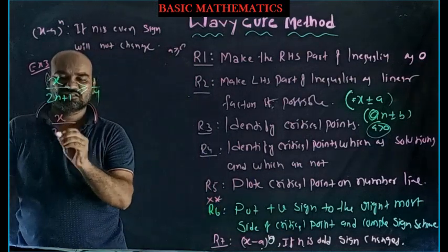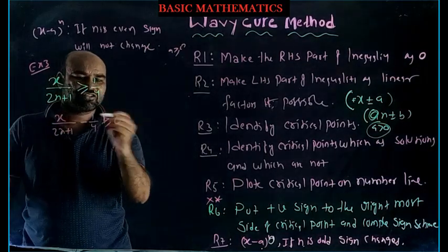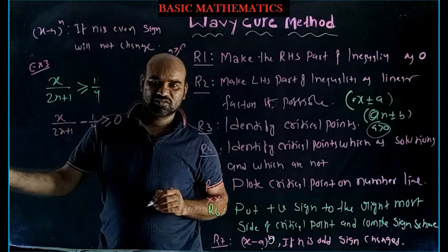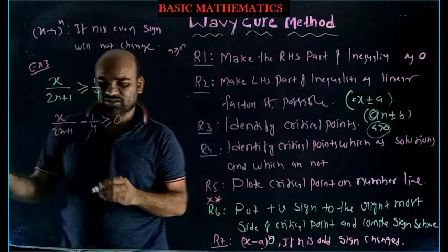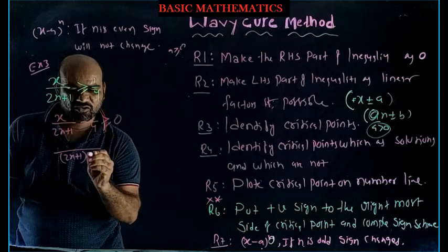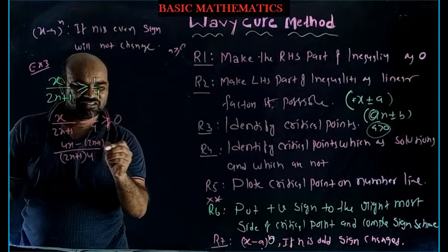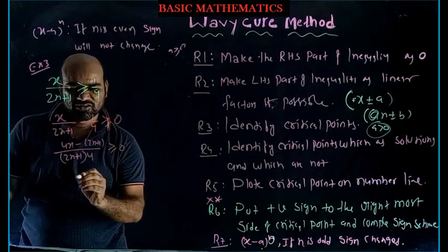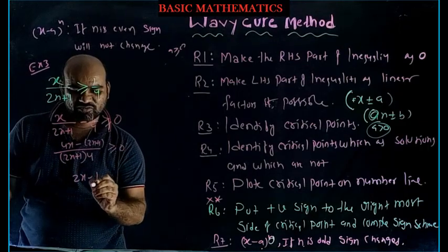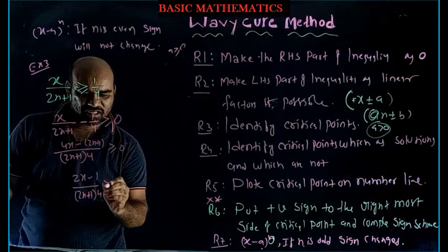So x by 2x plus 1 minus 1 by 4 greater than or equal to 0. That is the first step. Now we need to simplify the LHS. Take the LCM, 2x plus 1 into 4: 4x minus (2x plus 1) over that, greater than or equal to 0, or (2x minus 1) by (2x plus 1) into 4 greater than or equal to 0.